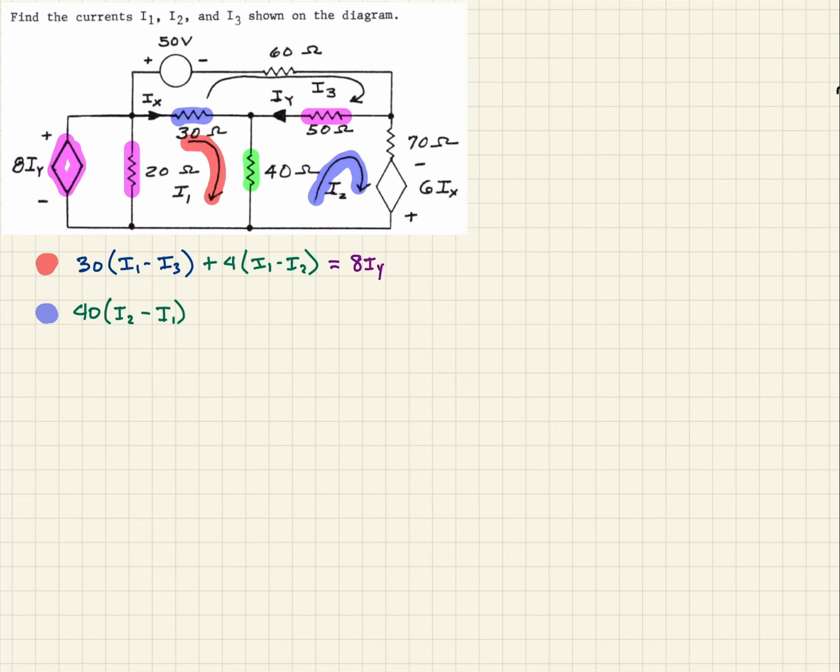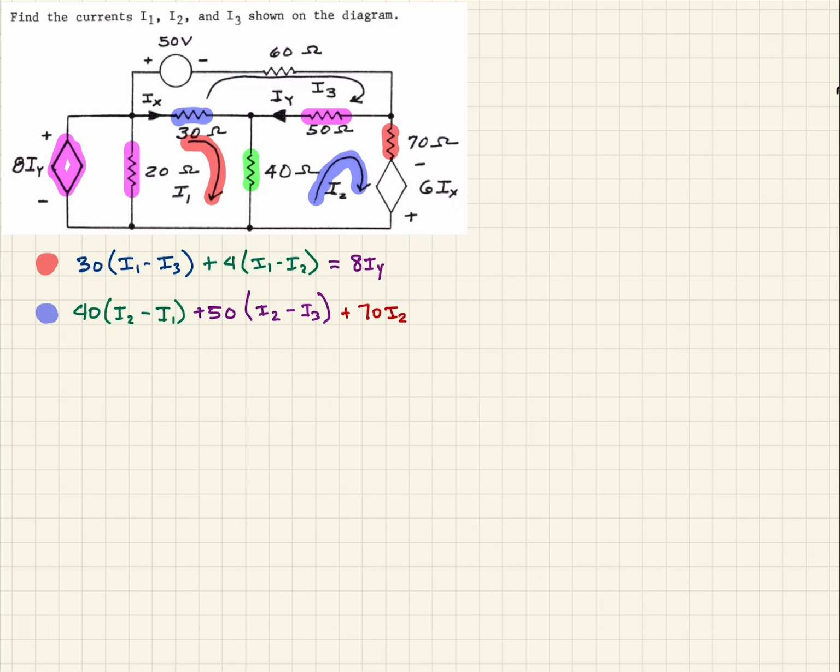So that's going to be 50, and again, that's going to be I2 working for us, but I3 is working against us through that same resistor. It's going through in the opposite direction, I3. And so then finally, we have this 70 ohm resistor, and I2 is the only current that goes through that one. So it's in a non-shared part of the loop. So then that'll just be plus 70 times I2.